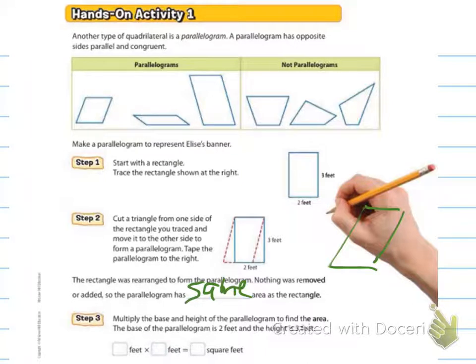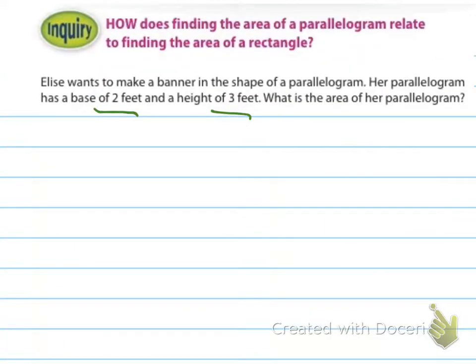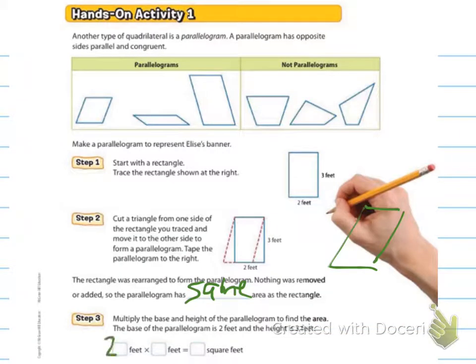So if we're multiplying the base times height like we would to find the area of a rectangle, the base we said was 2 and the height is 3, and so 2 times 3 is 6 square feet. That is the area of the rectangle, which is also the area of this parallelogram because it has the same amount of space. I have all of this still right here. I just took a little piece over here and glued it to the other side.